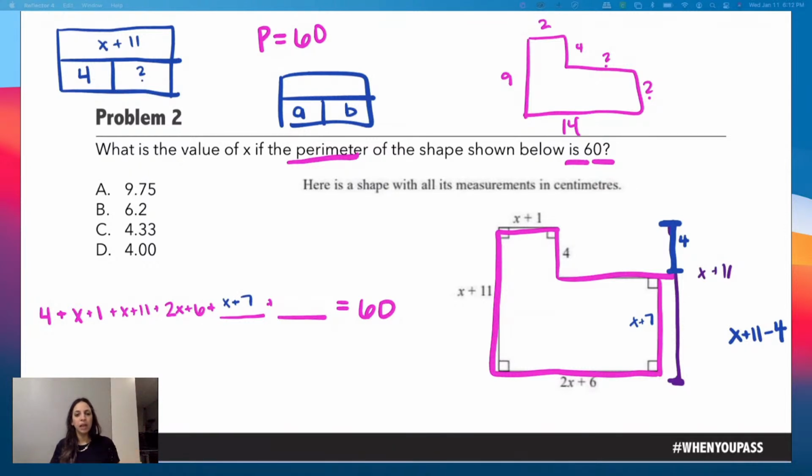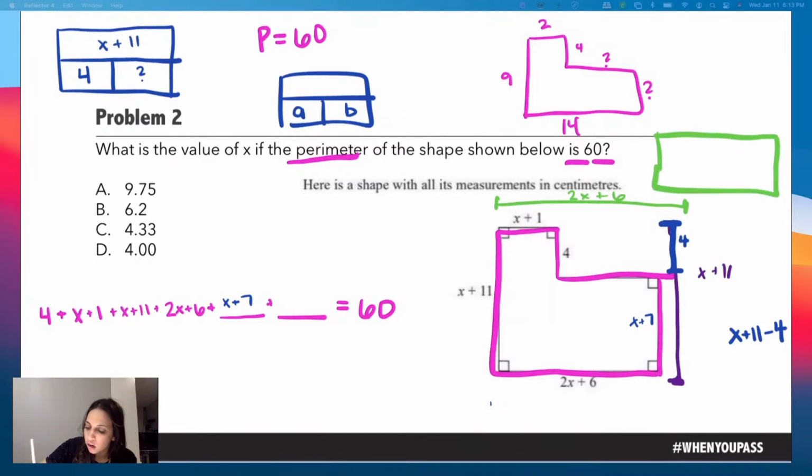So this piece right here is x plus 7. Agree? Now I'm going to use that same exact process for this side. And I'm going to change colors because I don't want us to get muddled. So this whole side is 2x plus 6. If I use a part whole diagram, 2x plus 6 is my whole.